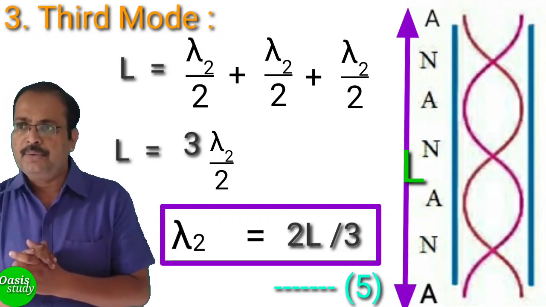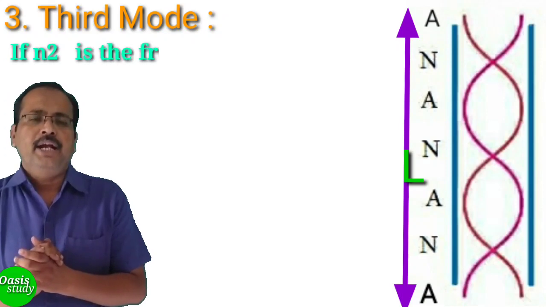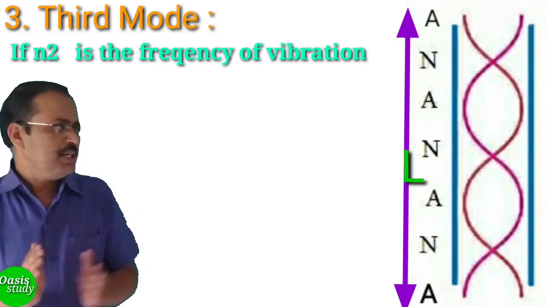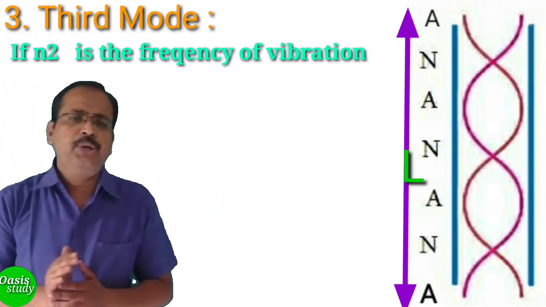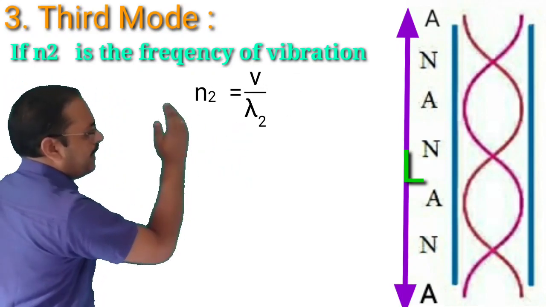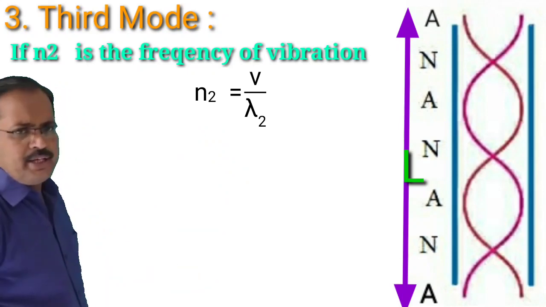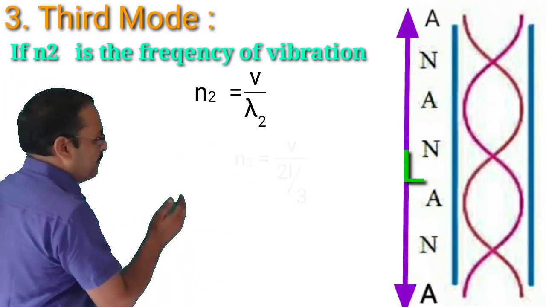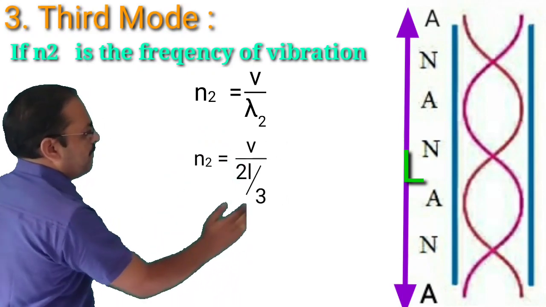If N2 is the frequency of vibration in this mode, we know N2 is equal to V upon lambda 2. Put the value of lambda 2 here. Therefore, N2 is equal to V upon 2L by 3.